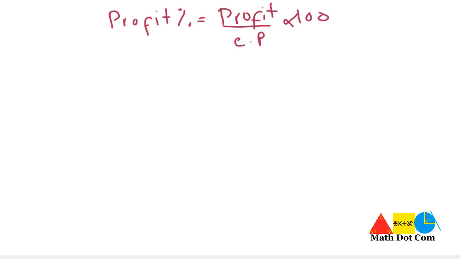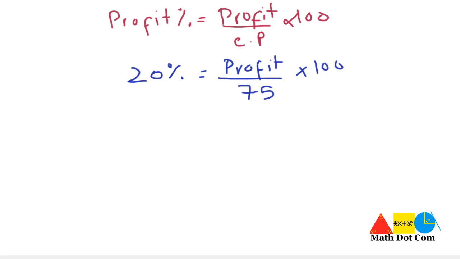First we will calculate the profit from the formula of profit percent. Profit percent is equal to profit over CP into 100. Okay, we will put the values here. The profit percent was 20%, then the profit is unknown, and the cost price is 75, multiplied by 100.